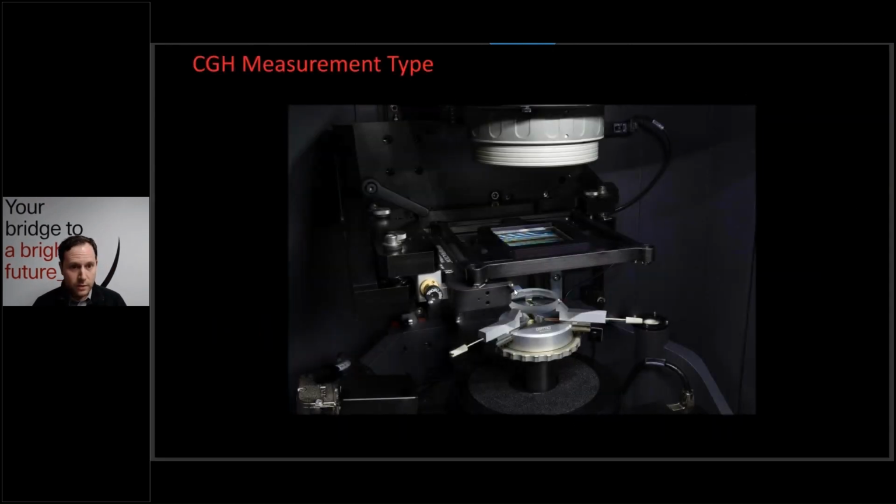So first, we'll take a look at a typical CGH measurement layout. Here we have a transmission element on top, and this happens to be a downward-looking vertical setup.